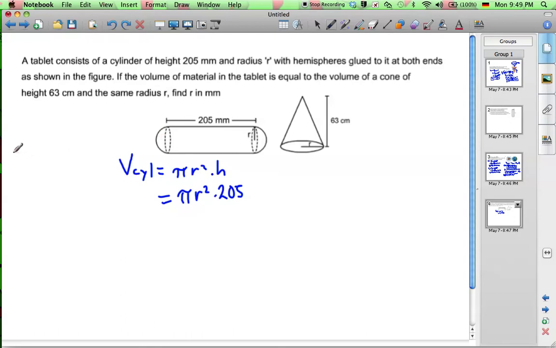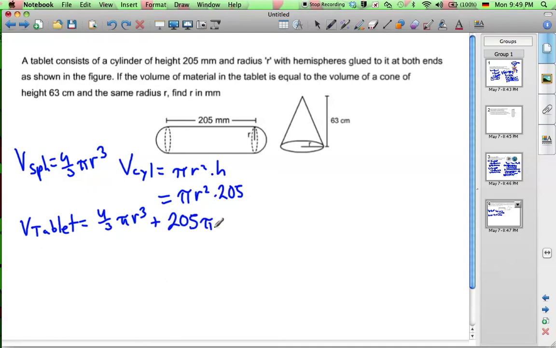The volume of the sphere is going to be equal to 4/3 pi times the radius cubed. So the volume of the whole tablet equals 4/3 pi r cubed plus 205 pi r squared.